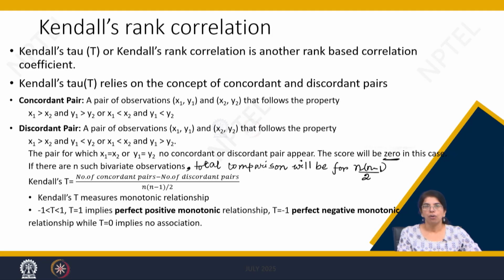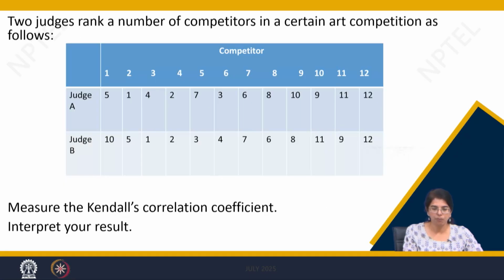Okay. So, suppose you have two pairs x1, y1 and x2, y2. Concordant pairs follow the property x1 greater than x2 and y1 greater than y2, or x1 less than x2 and y1 less than y2.